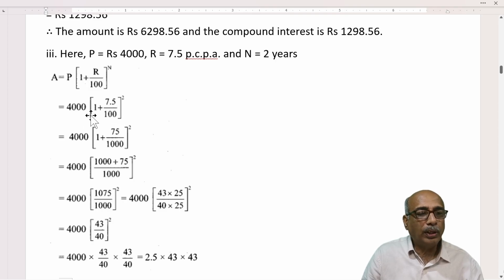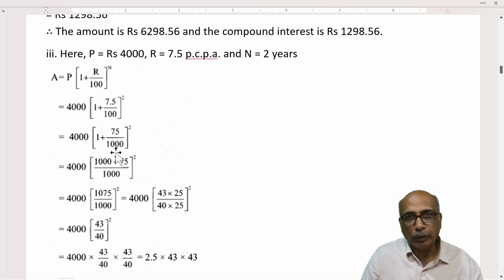So 4000 into (1 plus 7.5 upon 100) raised to power 2. We'll remove the decimal point, so we'll add a 0 in the denominator. So here it will be 75 upon 1000. Method of calculating is the same. So 1 into 1000, 1000 plus 75, 1075 upon 1000, whole square.